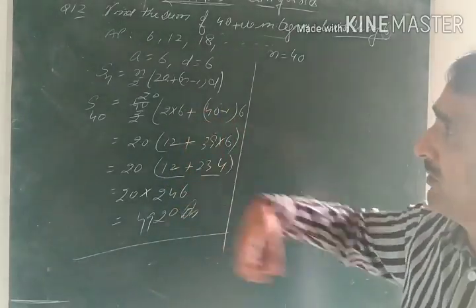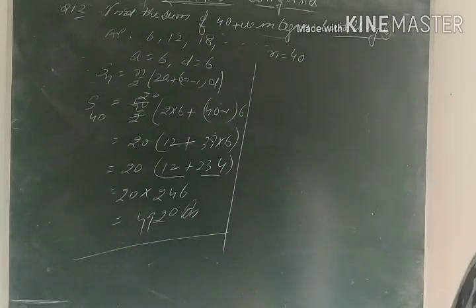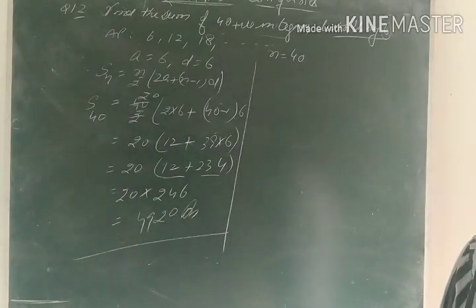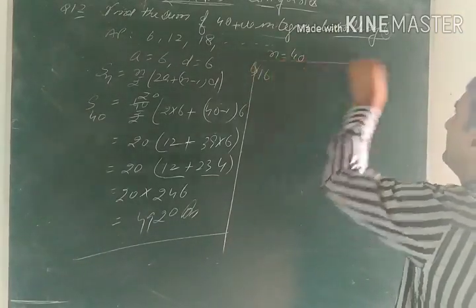Some of the same questions we can solve the same way with the help of this Sn. We can find all the questions, but some statements may be different, like this one. Question number 16.